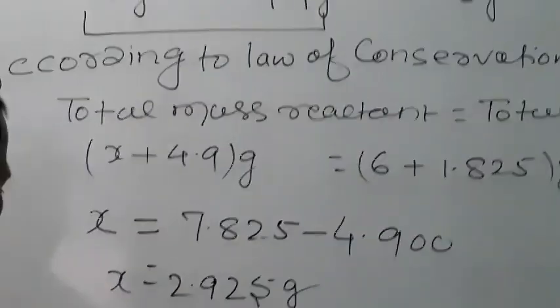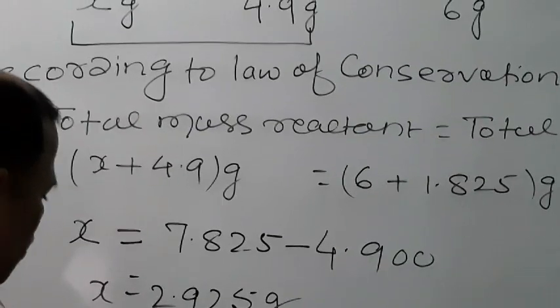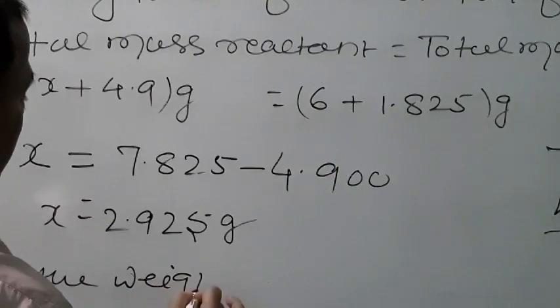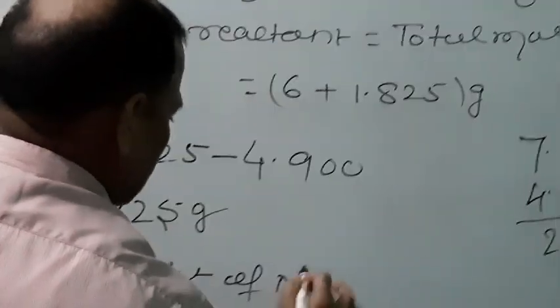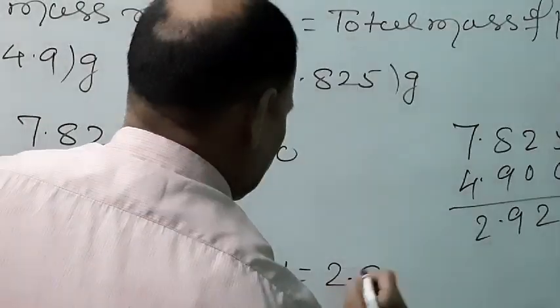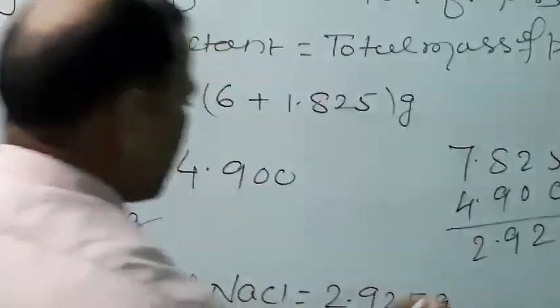Hence the weight of NaCl equals 2.925 gram.